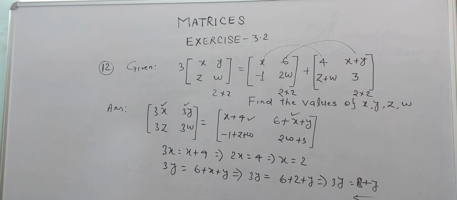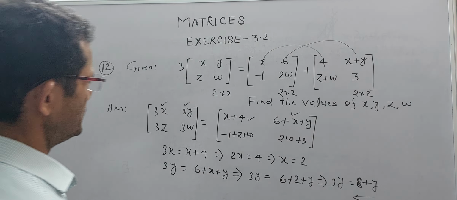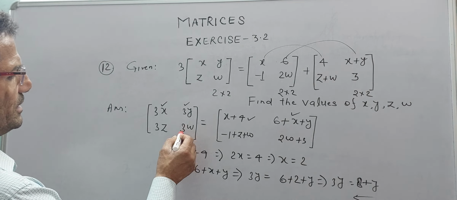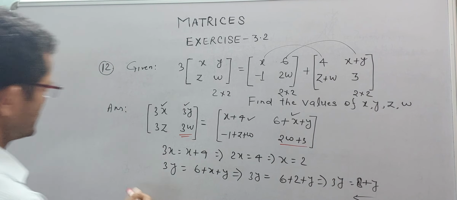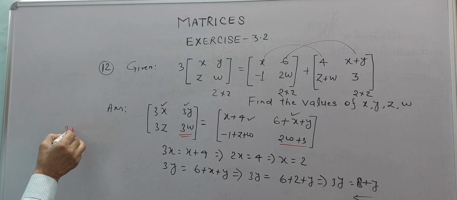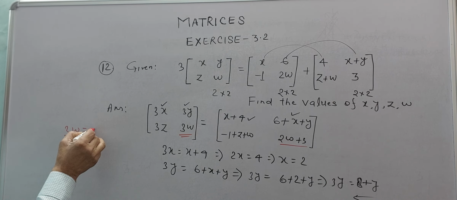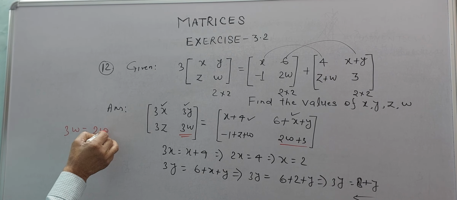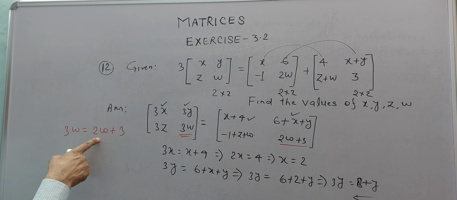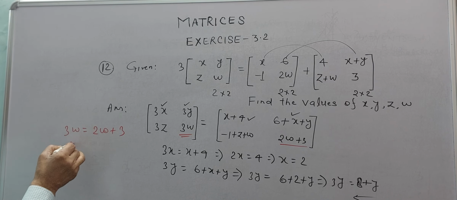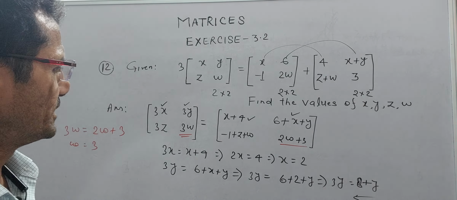Now the value of w. If I equate, 3w is equal to 2w plus 3. So 3w minus 2w gives w equal to 3. Now we have the values of x, y, w, and we need the value of z.